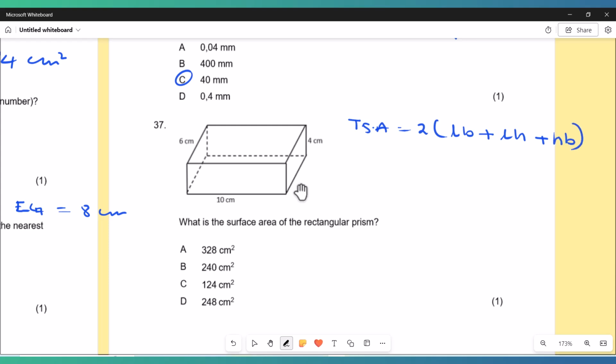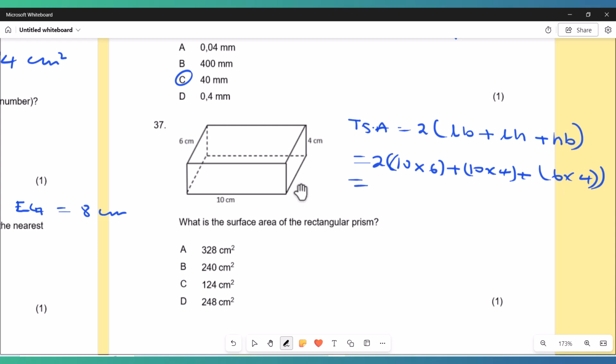So in this particular case I'm going to say 2, open bracket, 10 times 6, and then plus 10 times 4, and then plus 6 times 4.